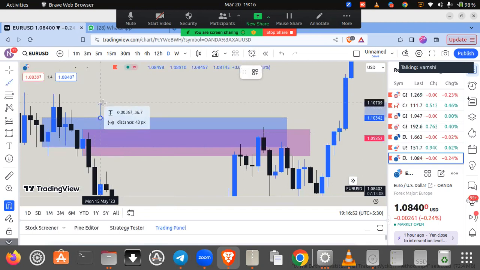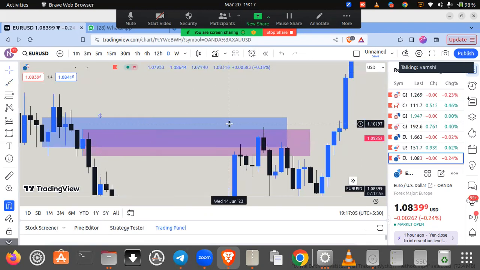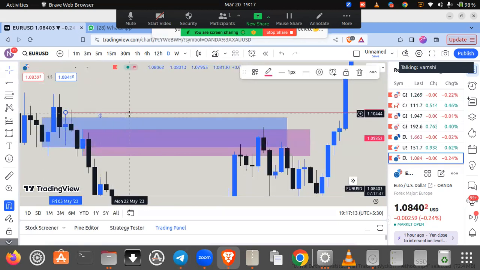Ten pips. Here. Your stop loss will be 10 pips above the zone, blue zone. Here will be your stop loss.